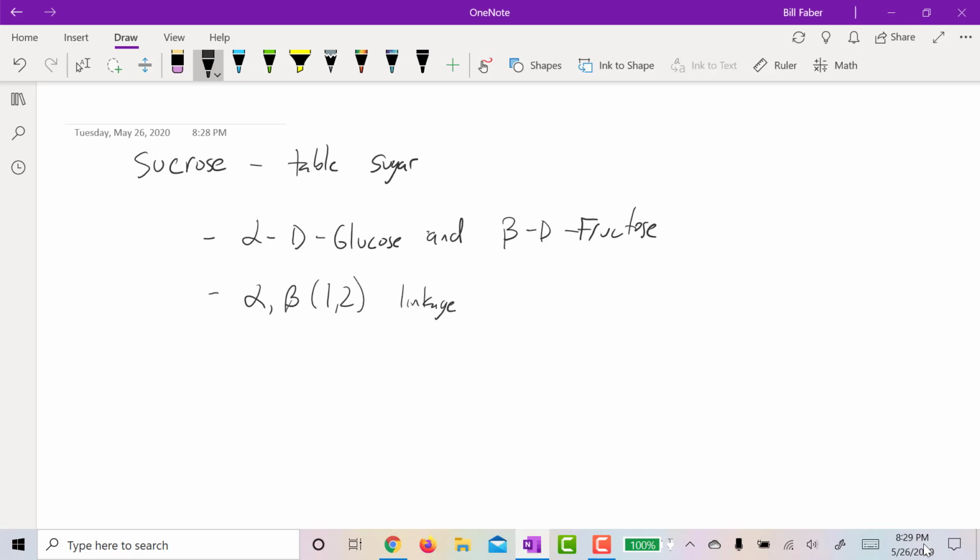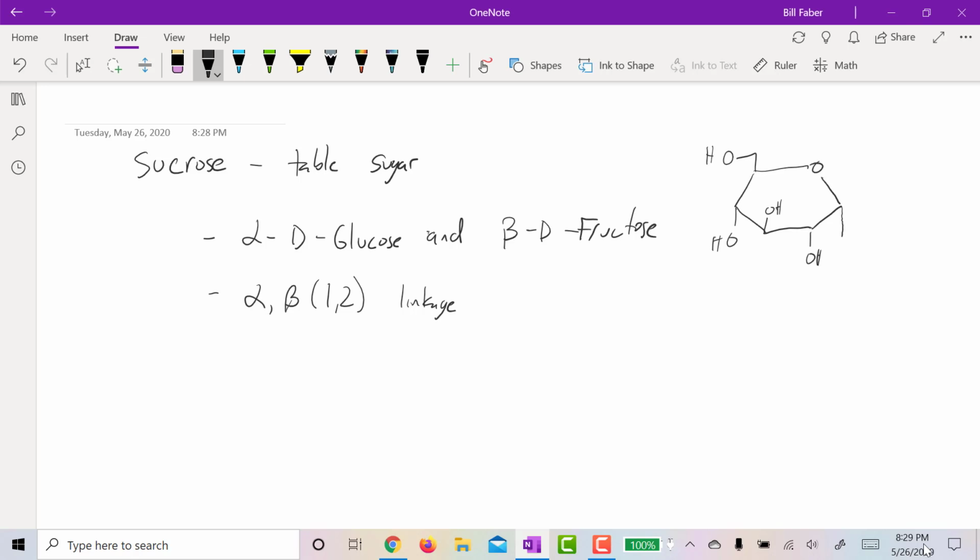And I'm going to draw it over here because it's kind of an interesting thing. If you think of glucose, so I'm going to draw glucose first, and it's alpha. So I'm going to come back to that. Up, down, then an OH like this.